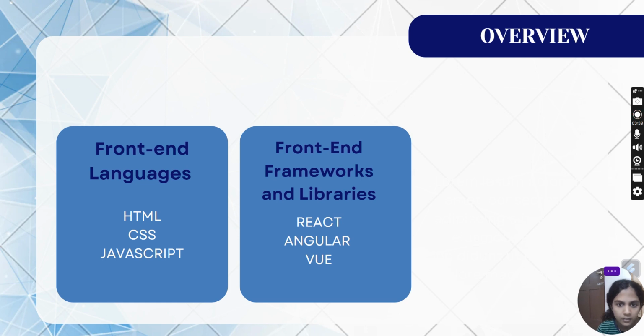Next, if we look into front-end frameworks and libraries, there are many of them today. The popular ones are React, Angular, and Vue. Let's look into them. React is a popular choice for many developers because it's easy to learn and use. Angular is a good choice for larger projects because it's more feature rich.